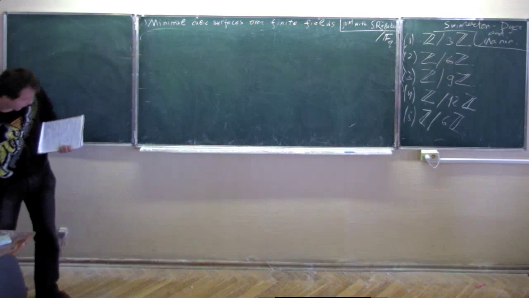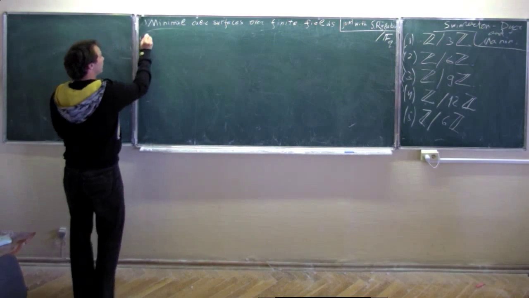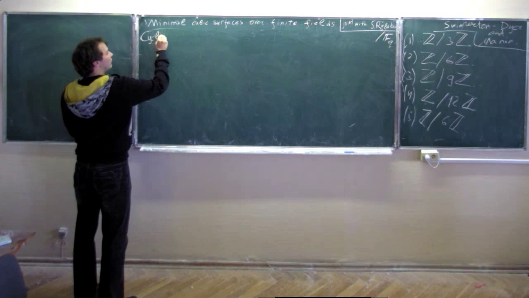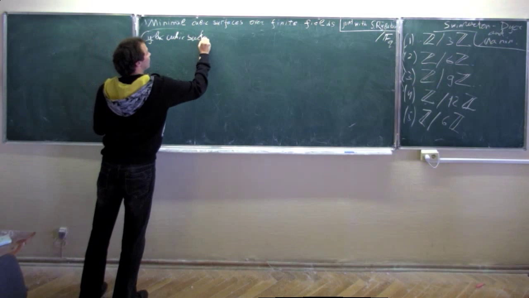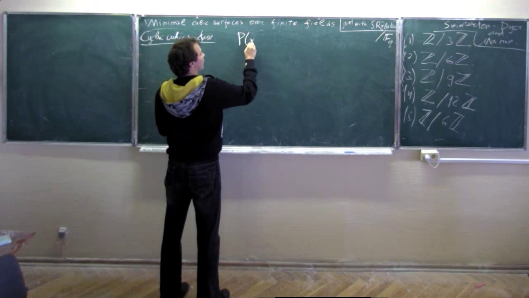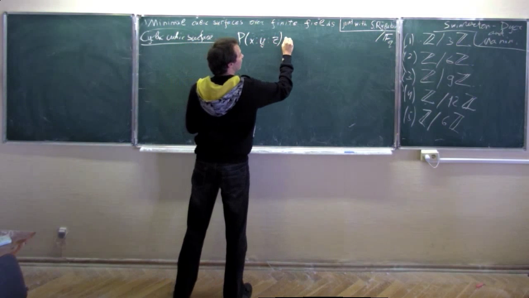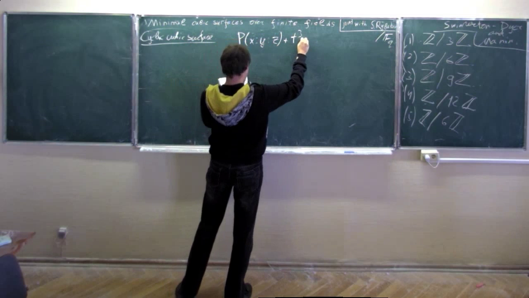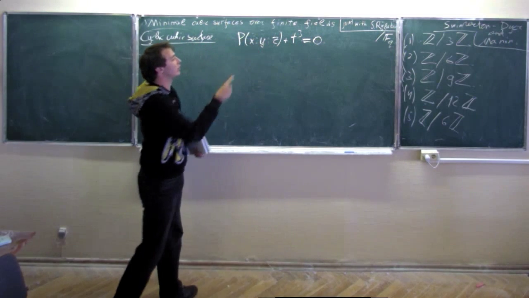Well, let us consider a cyclic cubic surface. A cyclic cubic surface is a surface given by the equation p xyz plus t to the third degree equals 0.